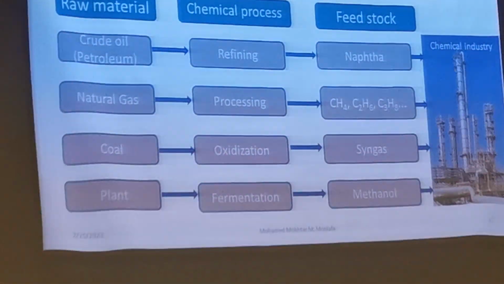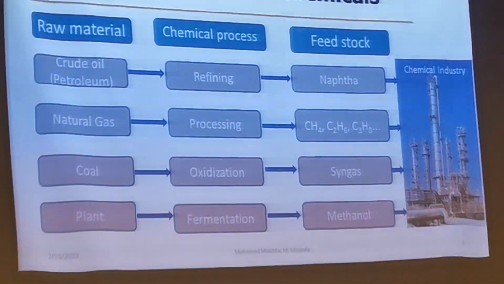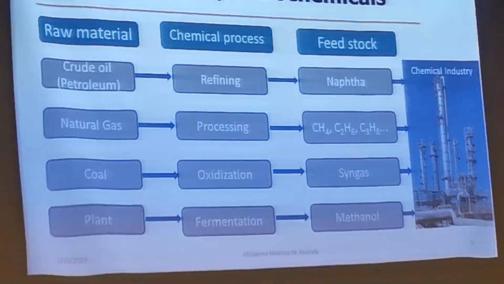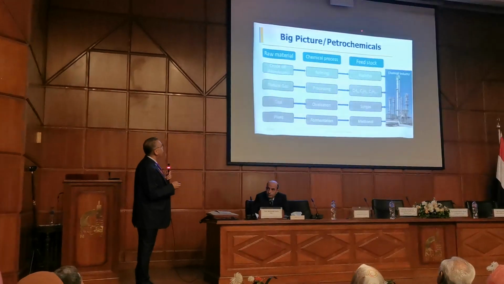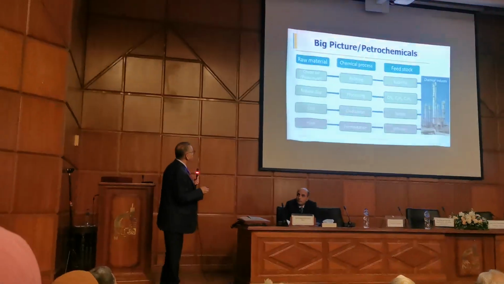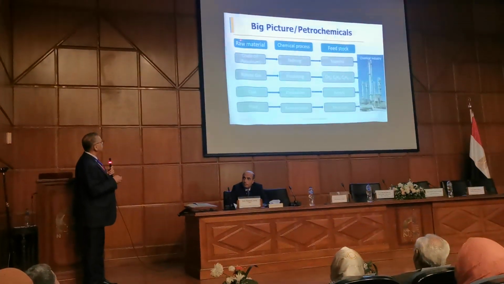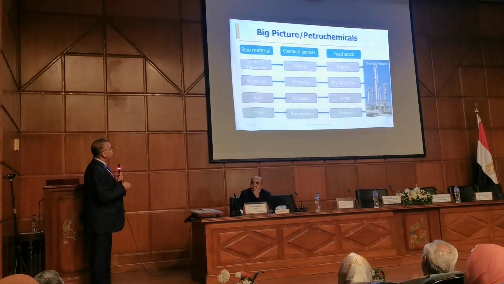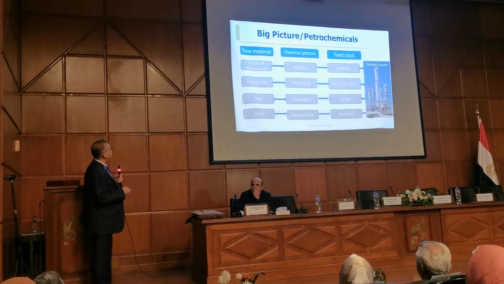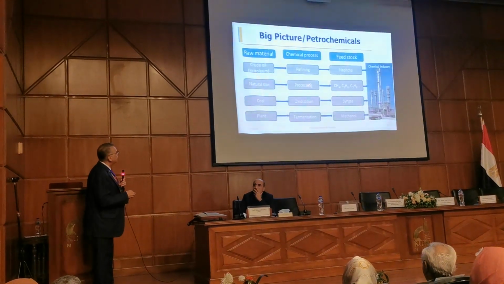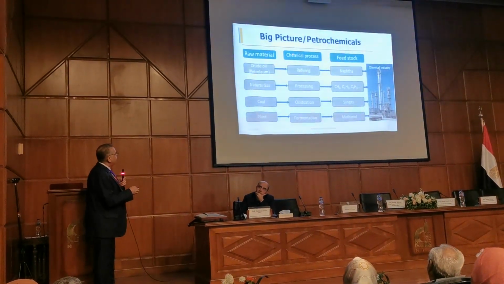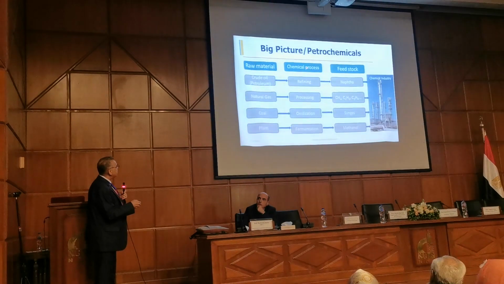fields. Second, the big picture for the petrochemicals themselves. Petrochemicals are defined as the chemicals that come originally from petroleum, but I would say the raw material could be crude oil, which is petroleum, or natural gas, or coal, or even plants. The second step is the chemical process.